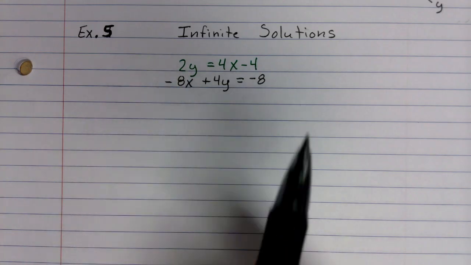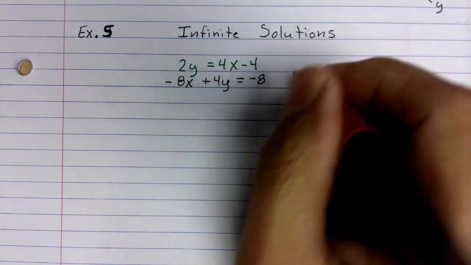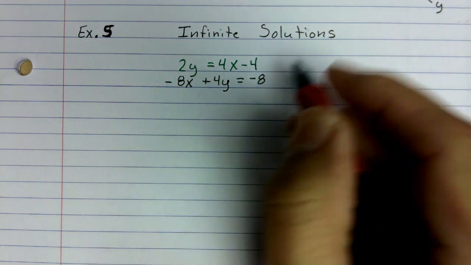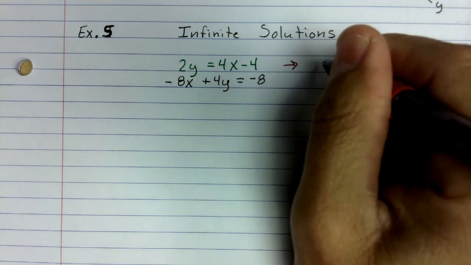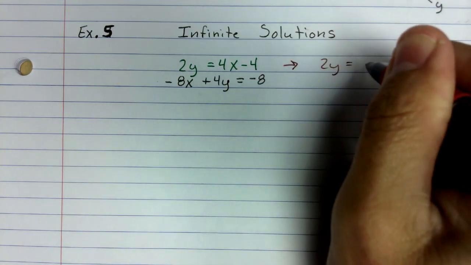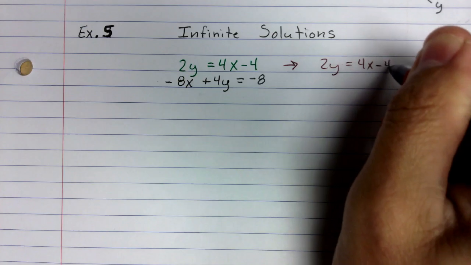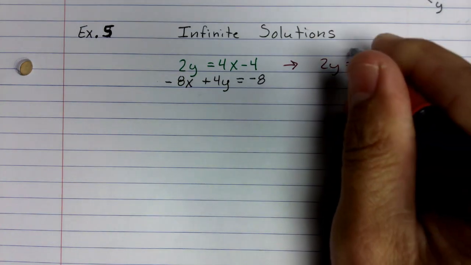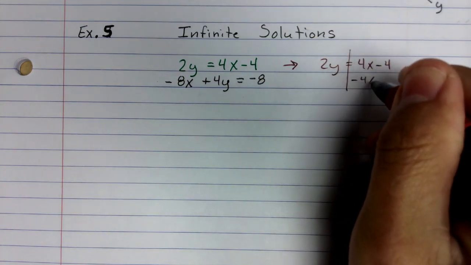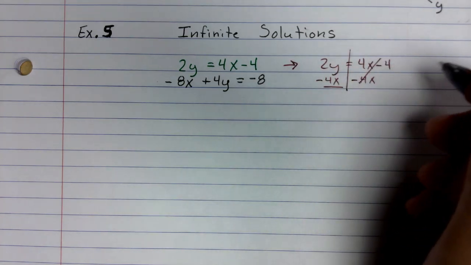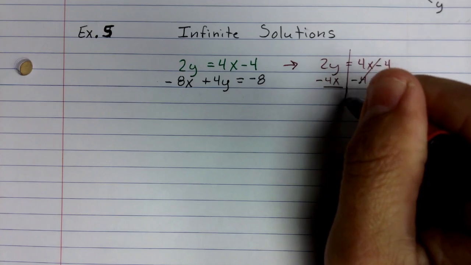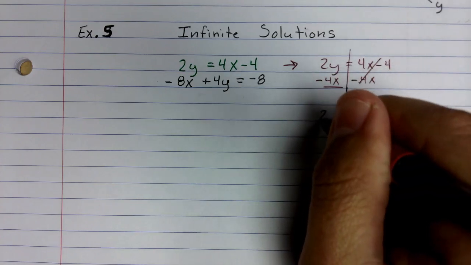So once again, we are going to have to rearrange some things. Notice the bottom equation is already in good order, and so I'm going to rearrange this top one to match the bottom one. So we have 2y equals 4x minus 4. Now I do want to move the x over to the left, so I'm going to subtract 4x from both sides. That cancels, and we're simply left with 2y.